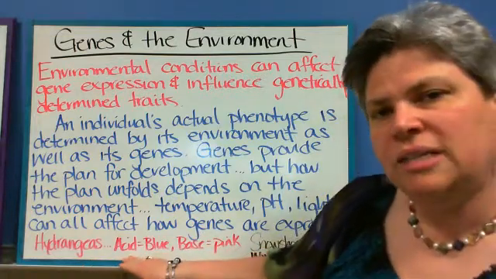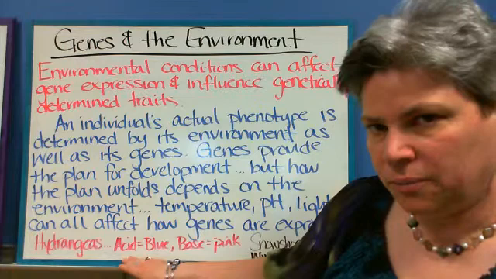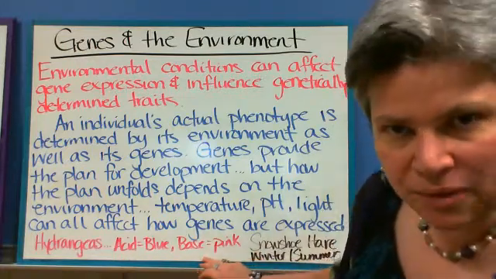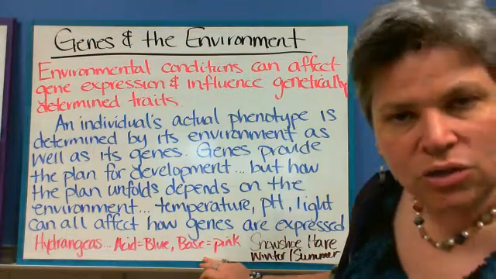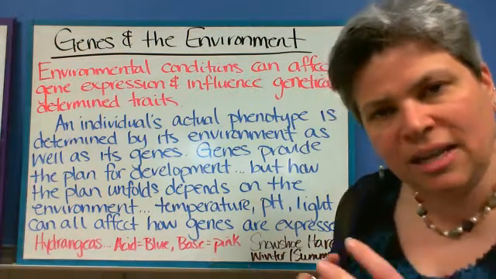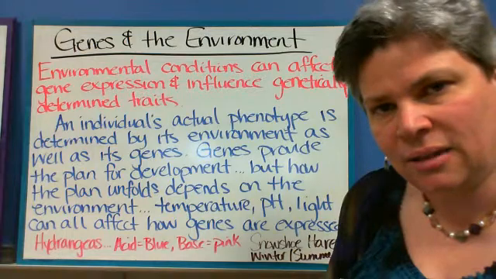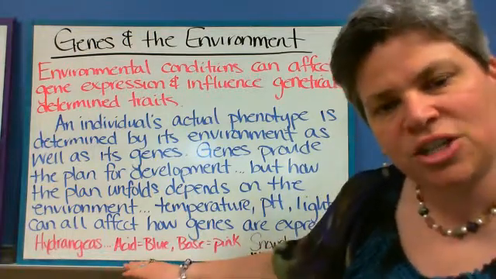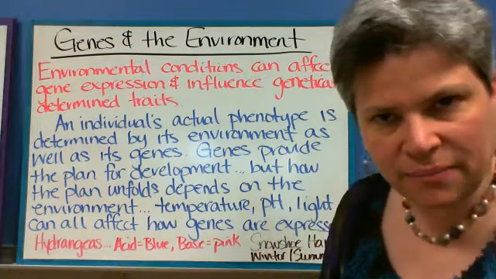If they're grown in acidic soil, the flower is blue. If they're grown in basic or neutral soil, the flower is pink. So the genetic information in the plants can be exactly the same, but when you change the pH of their soil, it can change the flower color you see.